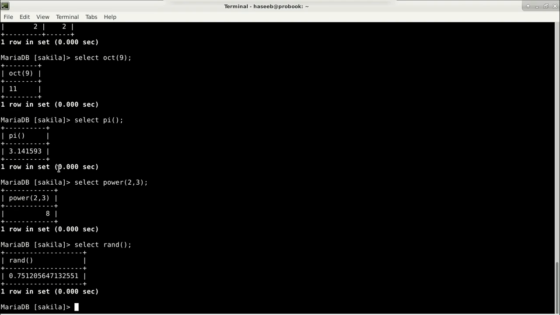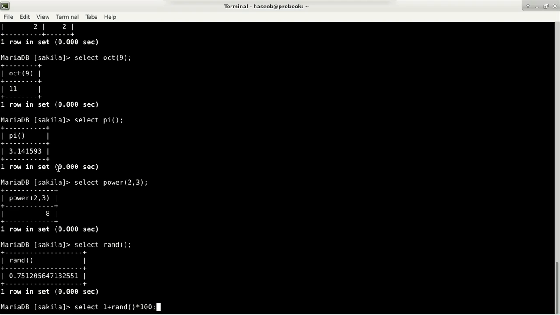Let's say I want to get a random number between 1 and 100. So the rule is select 1, which is our lower number in the range, plus random into 100, which is our upper range.